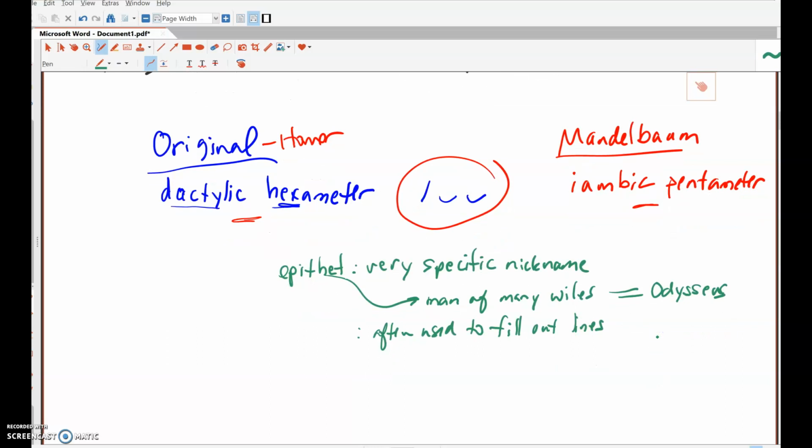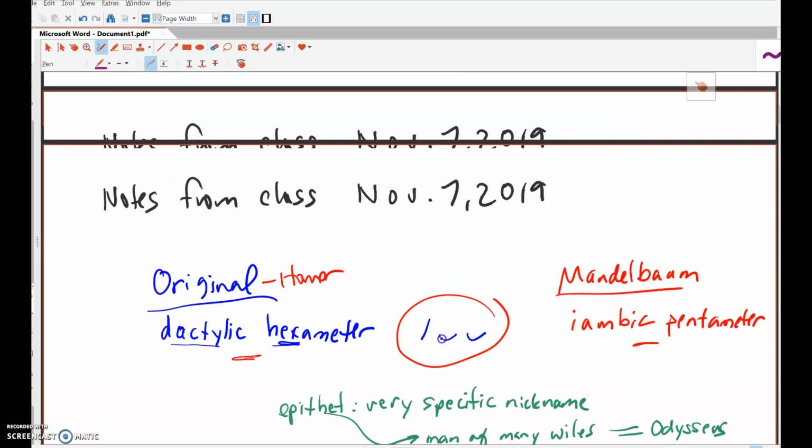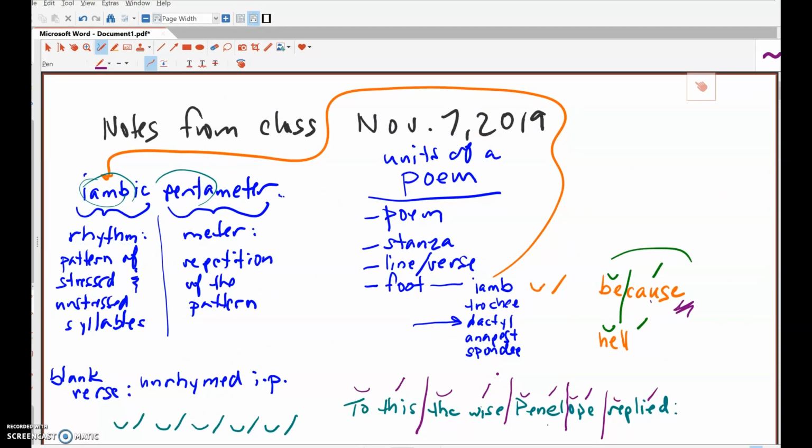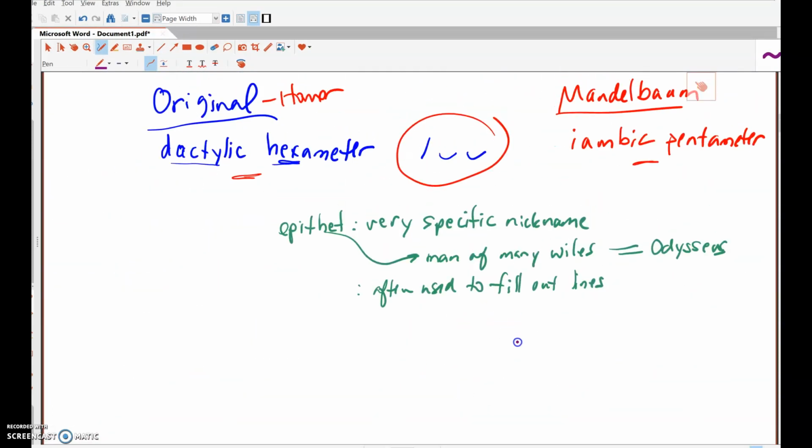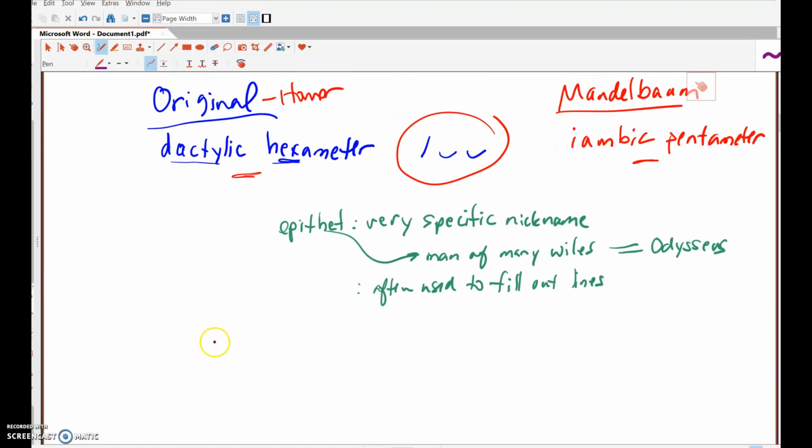Okay, now one more thing, and then I think we're good to go. On occasion, Homer would give you 2 lines of rhymed iambic pentameter, and those are called heroic couplets.